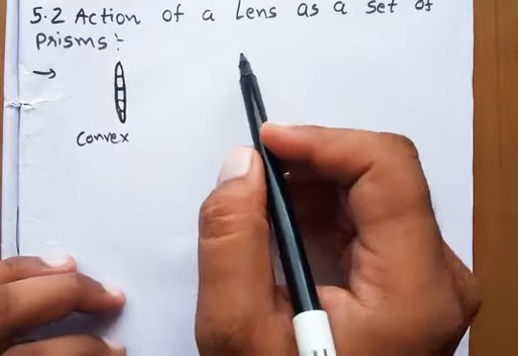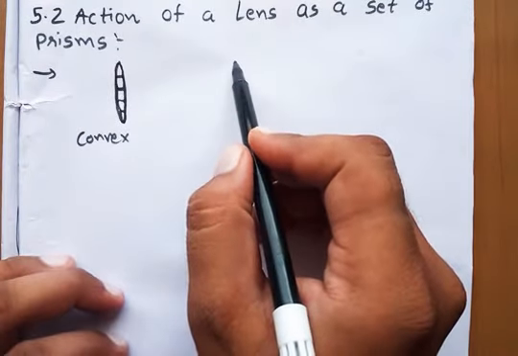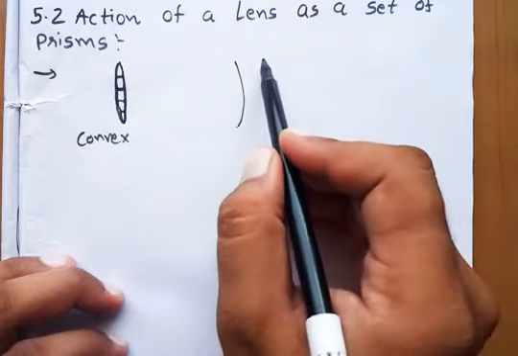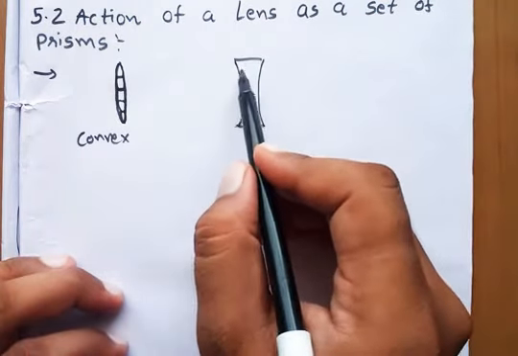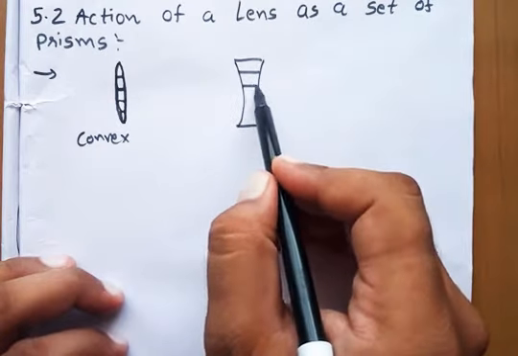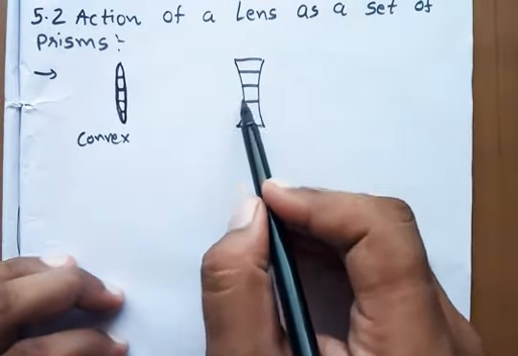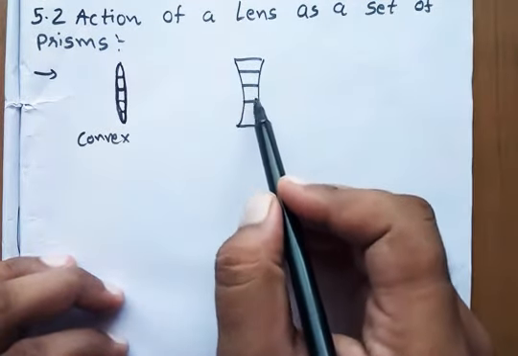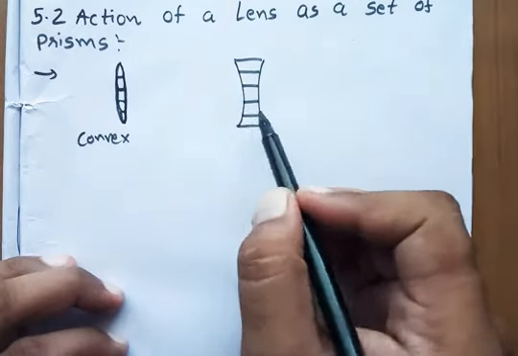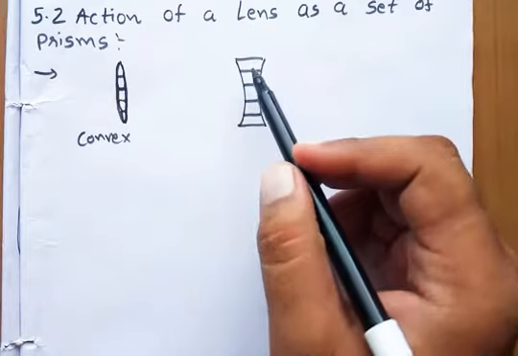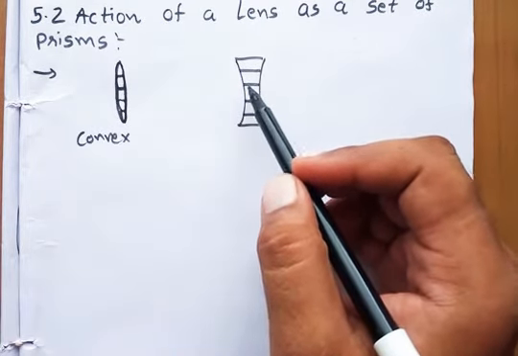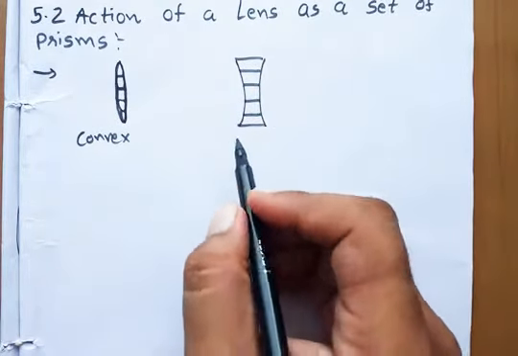Similarly, if I cut that concave lens, initially it is just like this, and now if I am cutting it down, what happens? Again the middle portion is just like the rectangular part and I get like this. So the periphery portions are not just rectangular.